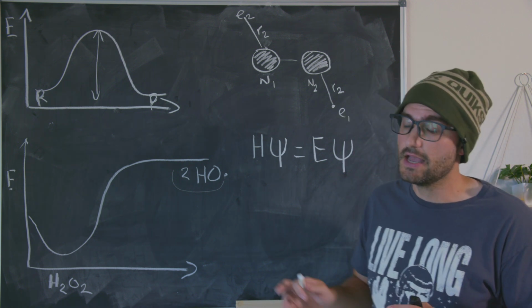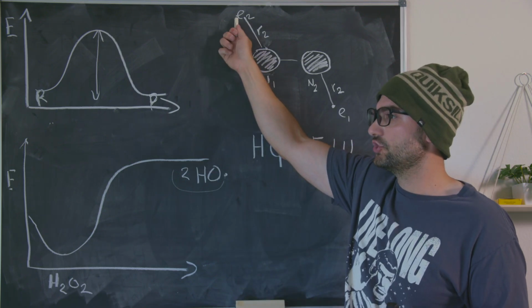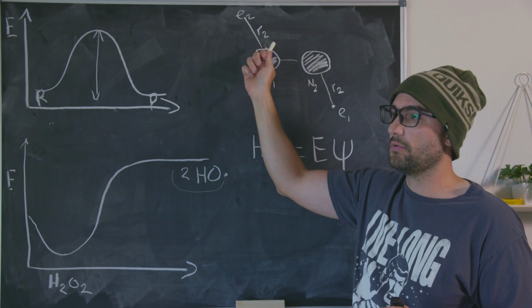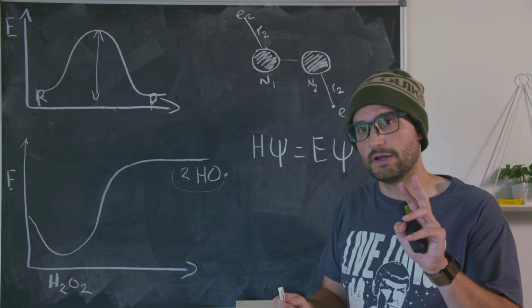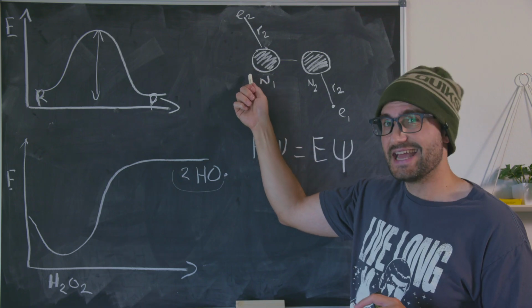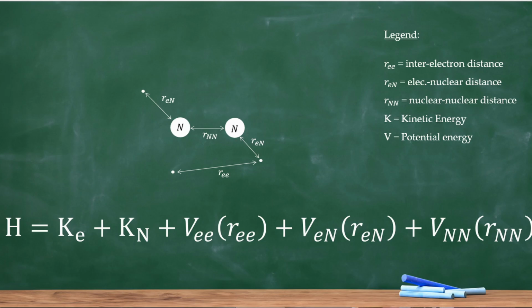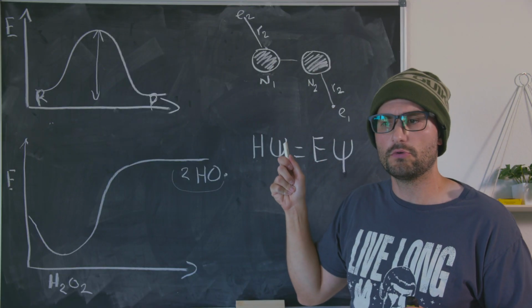So that means that in addition to all the interactions that we had before, the kinetic energy of the electrons, the electron repulsion and the electron-nuclear attraction, we have two new interactions. Now we have to deal with the kinetic energy of the nuclei, because again, we cannot assume that it's at the origin. And we also have to deal with the nuclear repulsion.